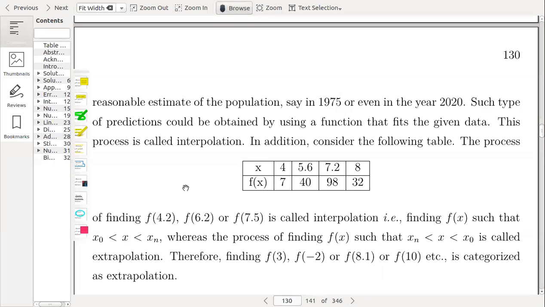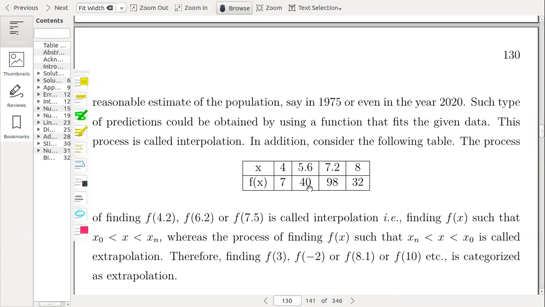Why is this interpolation? Because if we observe in the table, the domain points are 4, 5.6, 7.2, 8, and the range points are 7, 40, 98, and 32. So at the very first step, we will construct a function which fits the data. For example, if we take 4 as an input for the function, it must return 7 as the output.